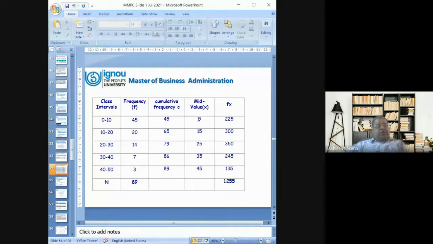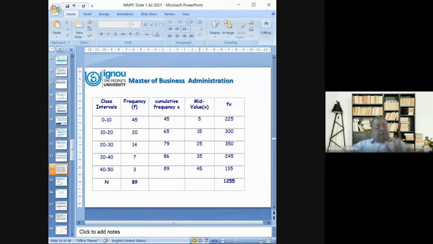Now I'm finding out the mid value. Mid value is 0 plus 10 divided by 2. 0 plus 10 is 10, divided by 2 is 5. Now the difference is 10 over here, so I will be adding 10 to this. This will become 15. Adding 10 again, 25. Adding 10 again, 35.